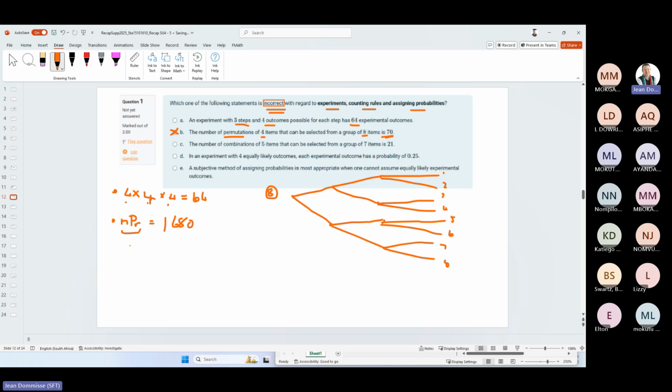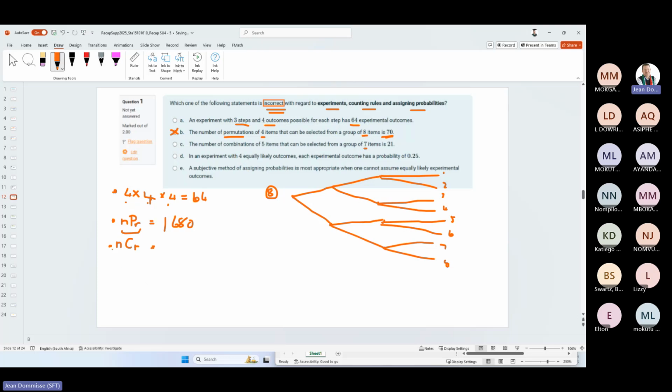Okay, but on your calculators, there is also the function of NPR, and let's see if there's a combination. So there's also the function of NCR. So let's quickly see here.